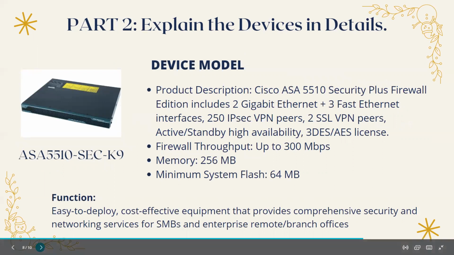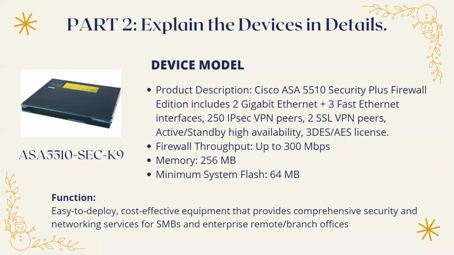So next is the ASA 5510-SEC-BUN-K9. For the product description, the Cisco ASA 5510 Security Plus Firewall Edition includes 2 Gigabit Ethernet plus 3 Fast Ethernet interfaces, 250 IPsec VPN peers and 2 SSL VPN peers, active and standby high availability, 3DES or AES licenses, firewall throughput up to 300 Mbps, memory 256 MB, and minimum system flash 64 MB.